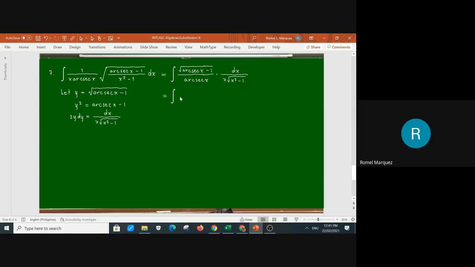What about the denominator? Y squared plus 1 po. Y squared plus 1. You notice that it is almost the same with the previous, no? After substitution, we get a form that is almost the same with the previous ones. And this is 2y dy.